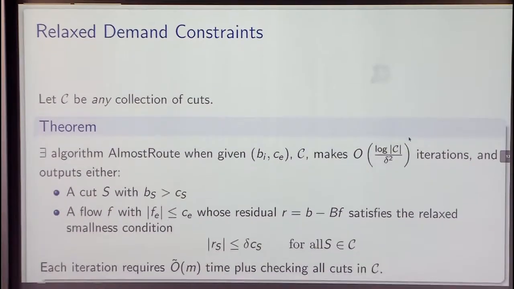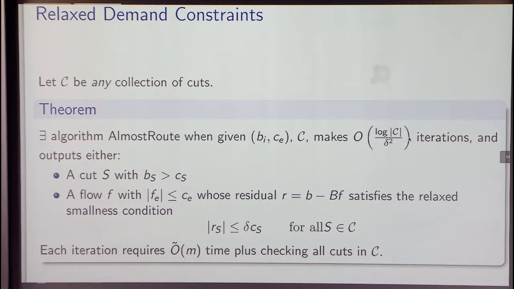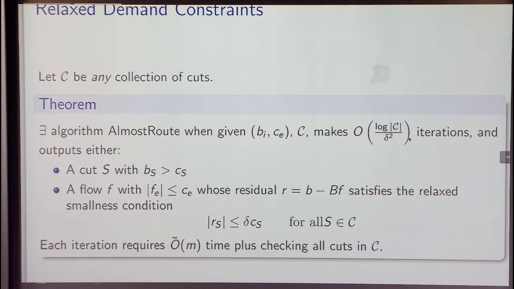Okay. So the main theorem, the main subroutine that we use is the following. Let C be any collection of cuts, not necessarily the congestion approximate, the cut approximating family, but just any collection. So there's an algorithm we're going to call almost route, such that given the input data and also given this collection, so it's an iterative algorithm. It's going to make some number of iterations.